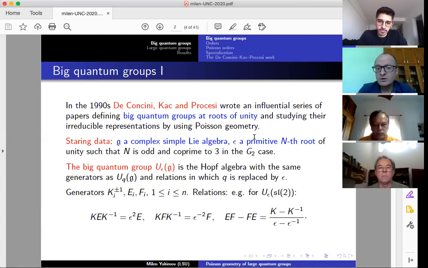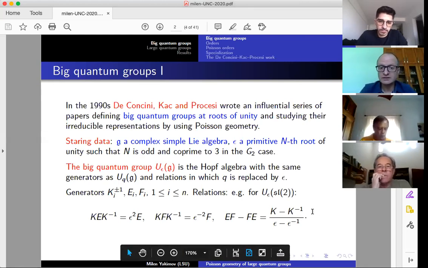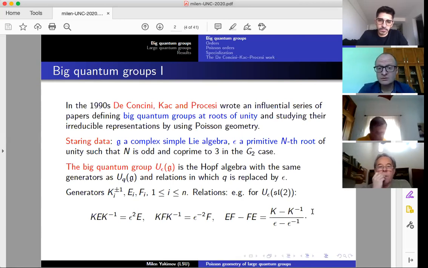So the big quantum group associated to SL2 has generators K, E, and F, where they satisfy the relations that are written on the bottom of this slide, right here. And epsilon here is just any root of unity of odd order.